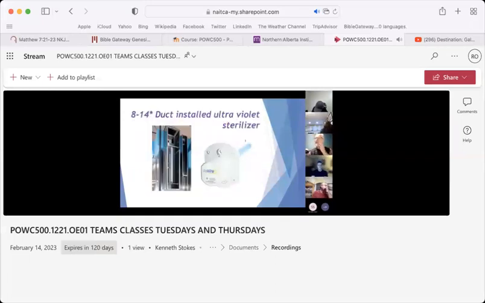Ultraviolet light. So this is the one I have in my furnace. The electrostatic type high voltage grid creates a lot of ozone gas. It modifies the oxygen molecules. If you've ever been outside during a lightning storm, there's that distinctive smell of ozone.